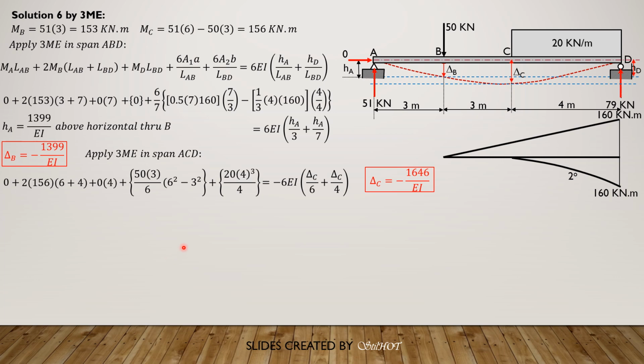Now, how about for the slope? So we draw a tangent line at the elastic curve at point B. So it is here, green. I hope you can clearly see it.